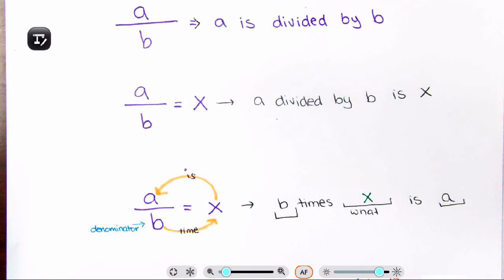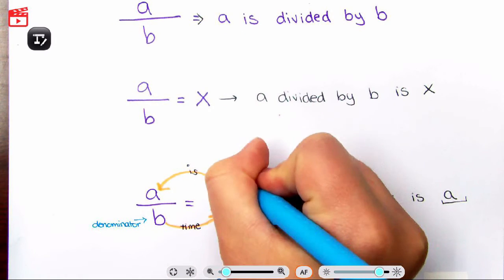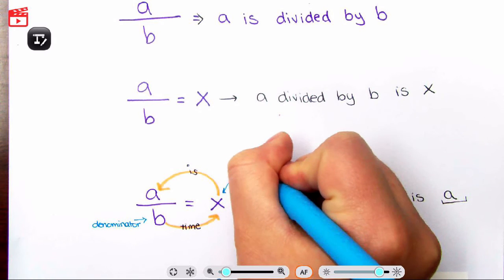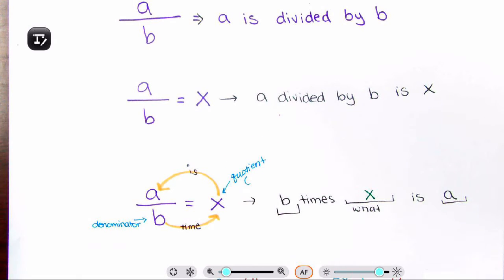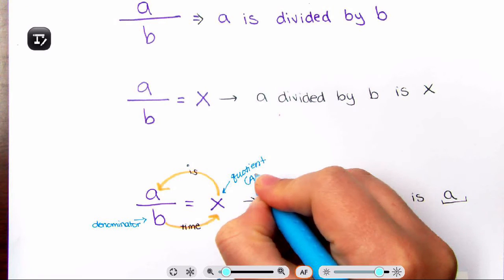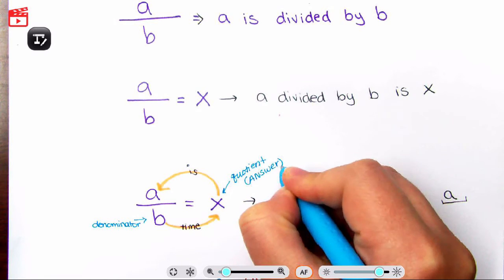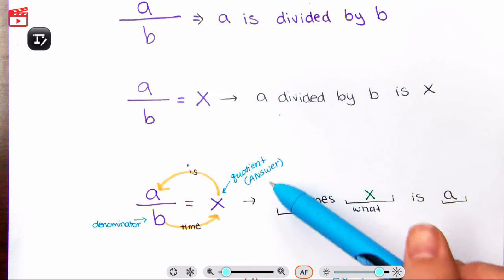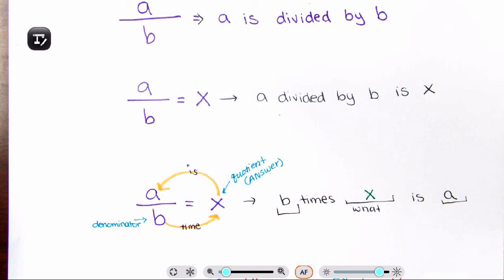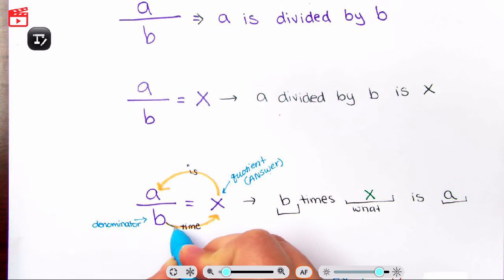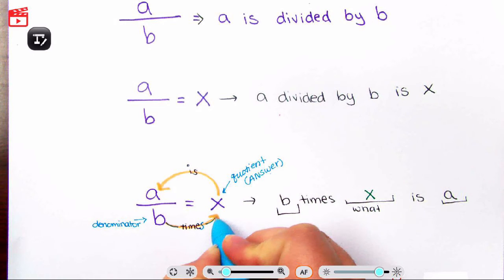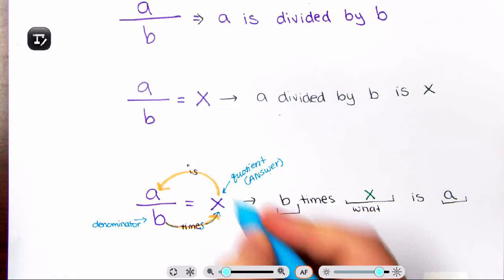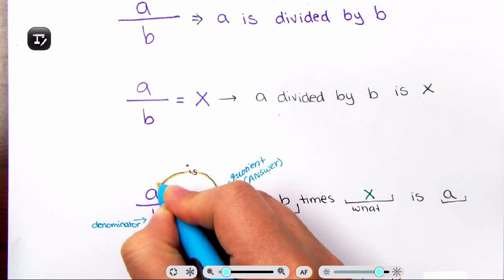Then we're taking our quotient, and quotient is just a fancy word for your answer after you have divided something. So we're going to say our denominator times our quotient is our new answer.